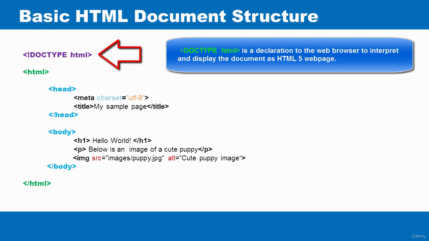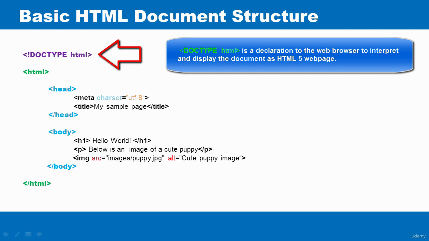You always have to add the doctype declaration to the very top of your document. It's the first thing you should do so the web browser knows what type of document to expect, and then they can render the correct document.